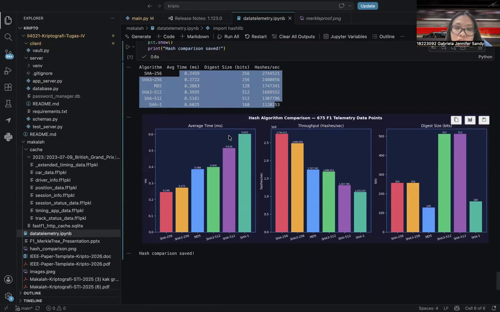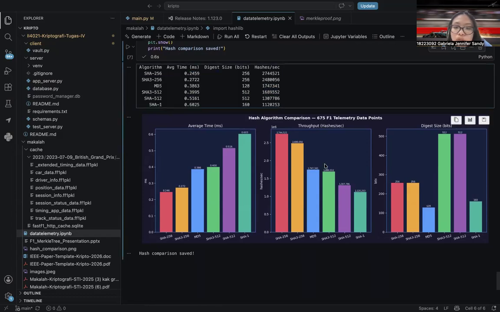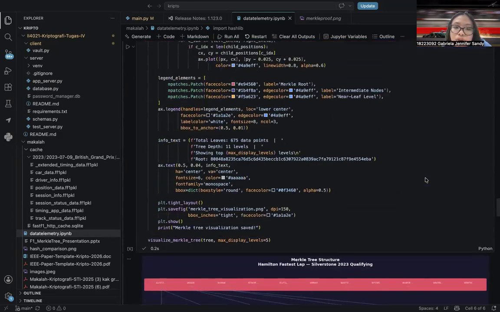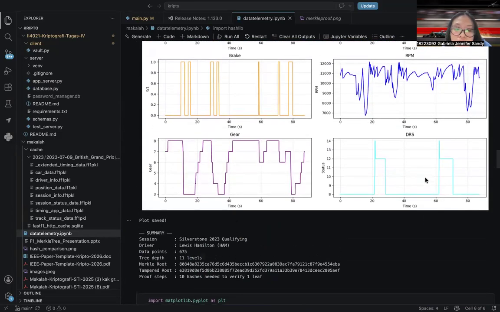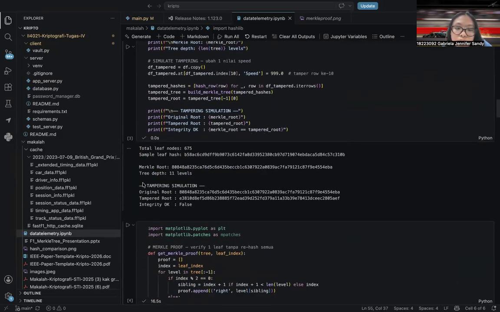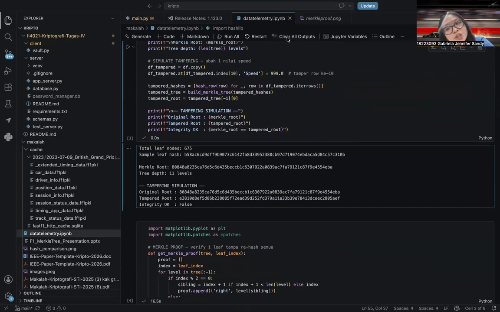And this is the average time comparison, the throughput comparison, and the digest size comparison. From this, we can see that the Merkle root can detect if there is tampering in the data itself. So that is all for me, and thank you so much, and I hope this is very helpful for you.